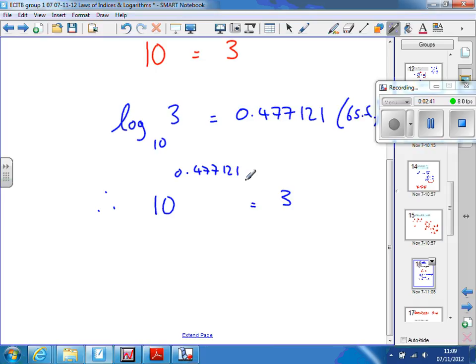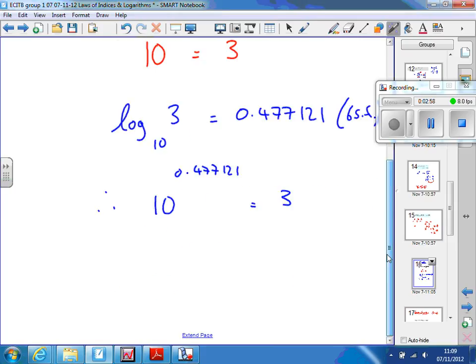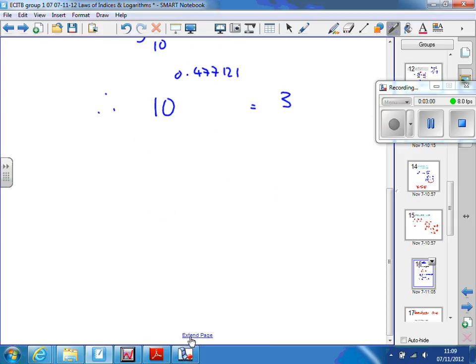Okay, so logarithms are powers. 10 to the power 0.477121 is 3. So if I wanted to solve 10 to the power x equals 5.8, how do I solve it to find what x is?